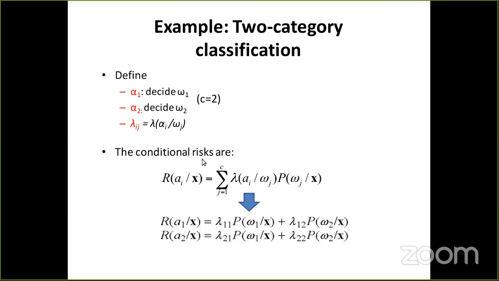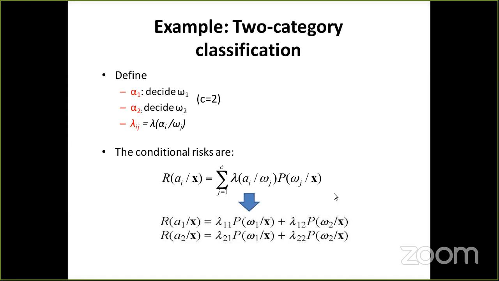As we already saw, the conditional risk can be expressed with this expression: the risk of taking action i given we observed some feature. It is a summation over all possible classes, and in the summation we have the risk term and the probability term.